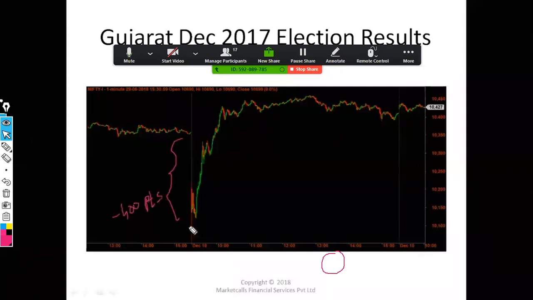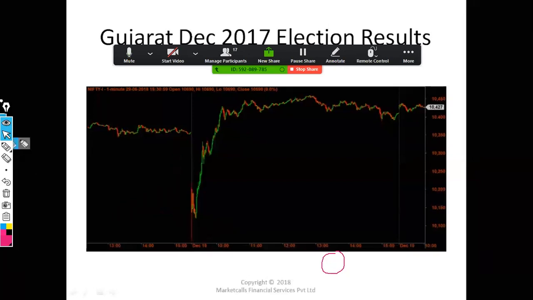The price bottomed out in the very first minute. From there onward, it was a mad, relentless rally. Almost all the points it lost were gained back. That is with the Gujarat December 2017 election results, of course, hardly 1 year back from here.